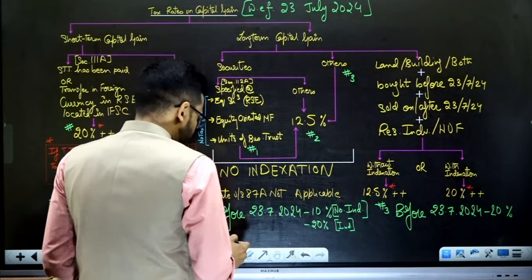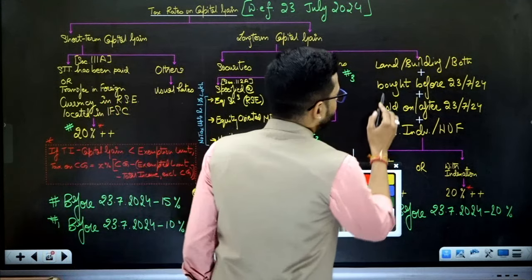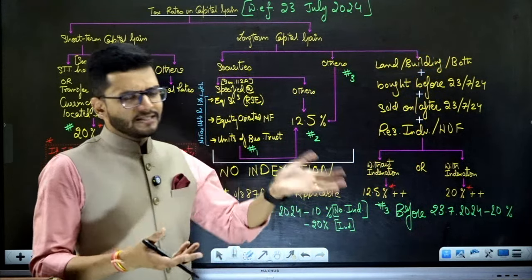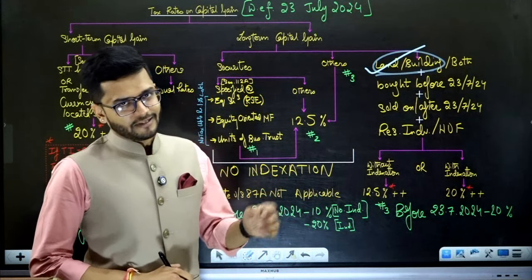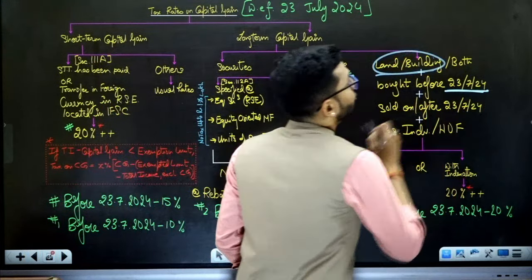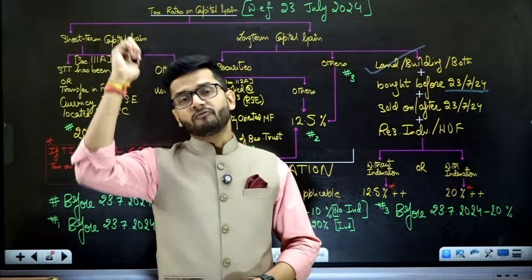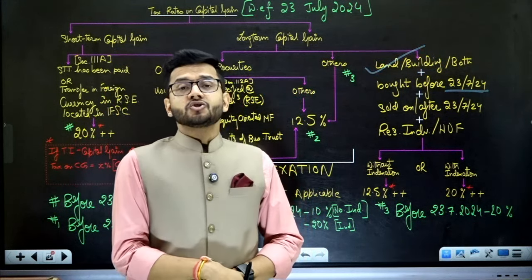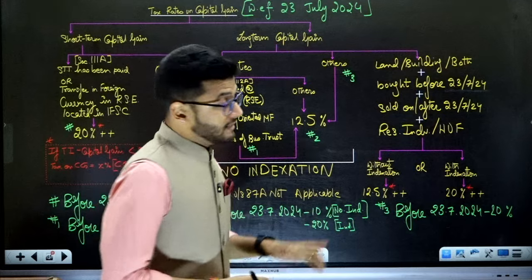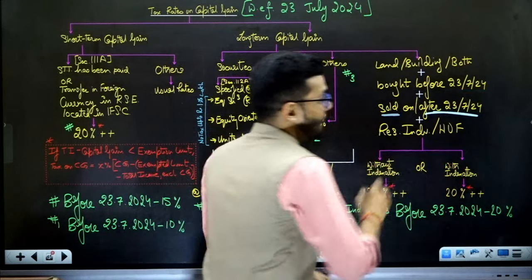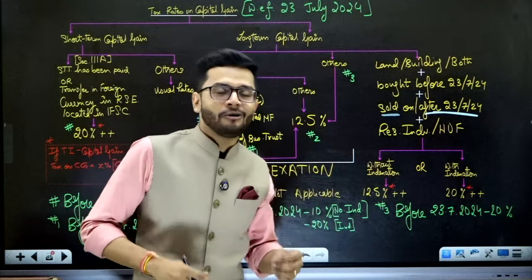Let's explore. One, the transfer should be of land or building or both. Yes, condition fulfilled. My transfer is of a house property. Number 2, bought before 23rd July 2024. Yes, it was bought way back in 1998. Criteria number 3, sold on or after 23rd July 2024.